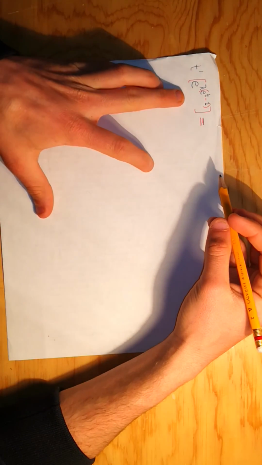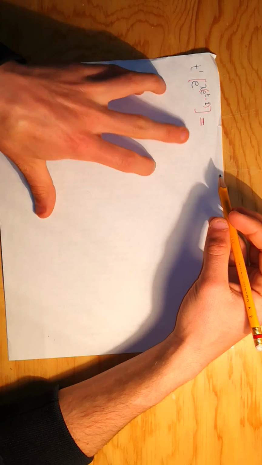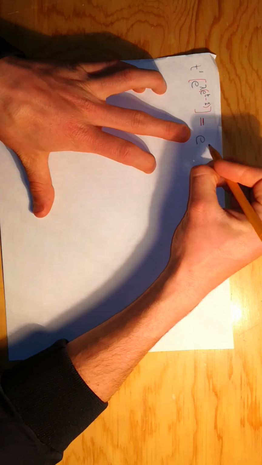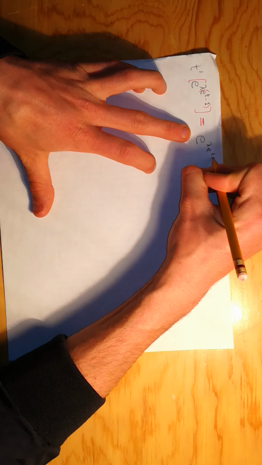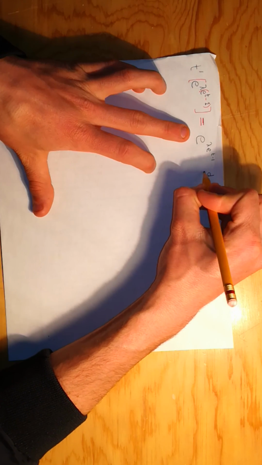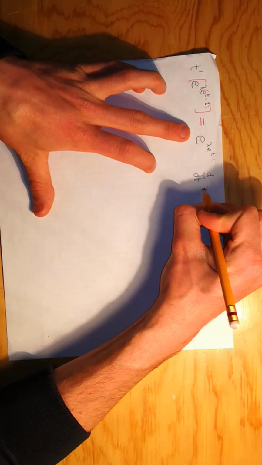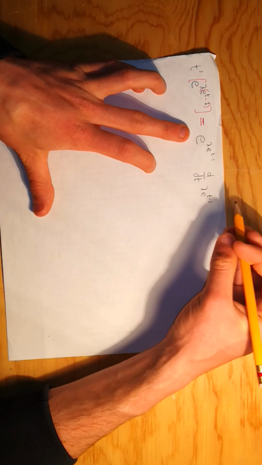Here we have e elevated, since the derivative of e is itself, e to the lambda times (e^t minus 1), times the derivative of the exponent, which is lambda times (e^t minus 1).